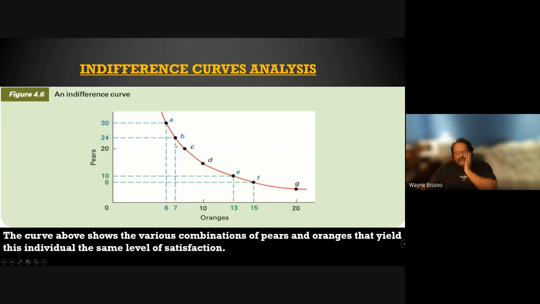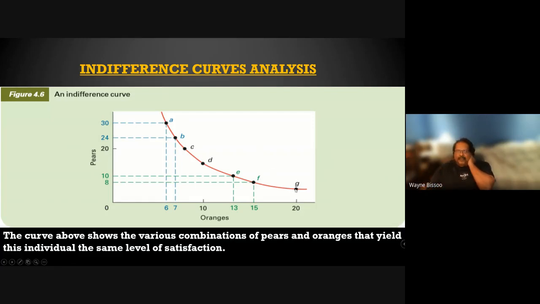But look at what this indifference curve is saying. It's saying that any of these combinations here, from A to G, provide combinations of these two goods, pears and oranges, to which this consumer is indifferent as to which one they get, as long as they get one. They don't care.